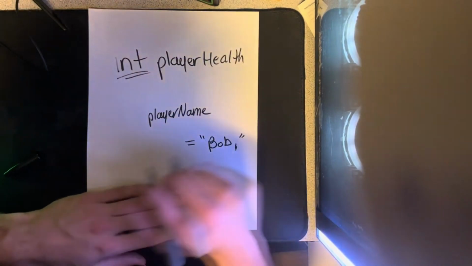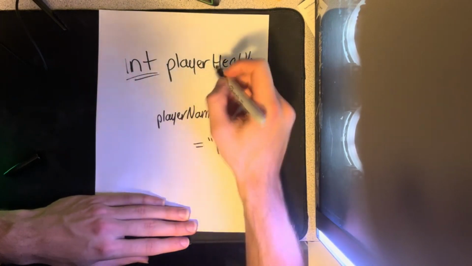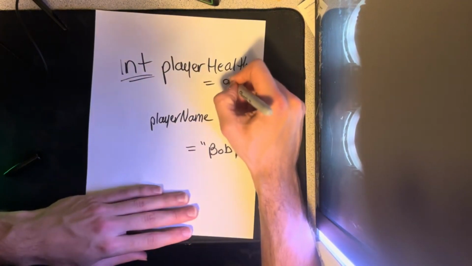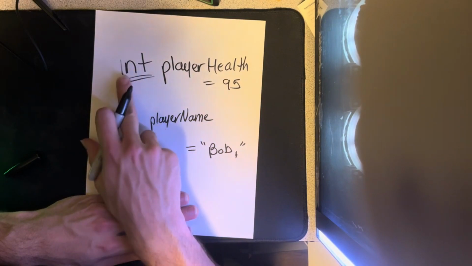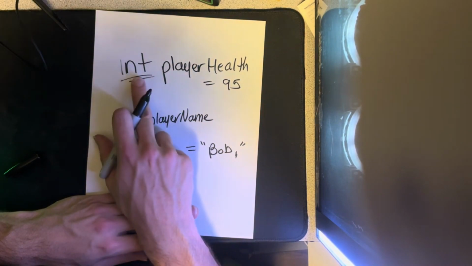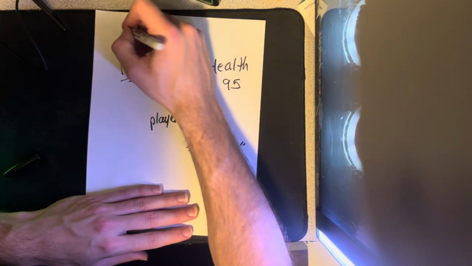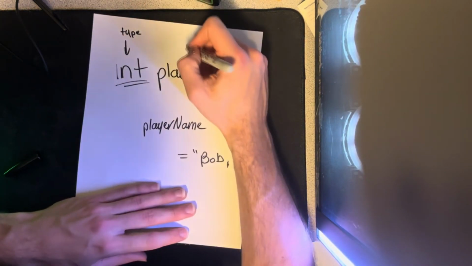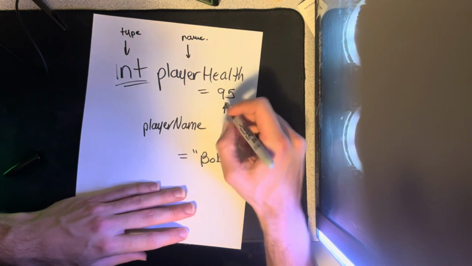So I've got numbers that I can create. So for example, this is a number variable made by the keyword int, which is short for integer. So this is the variable type. This is the variable name. And this is the variable value.